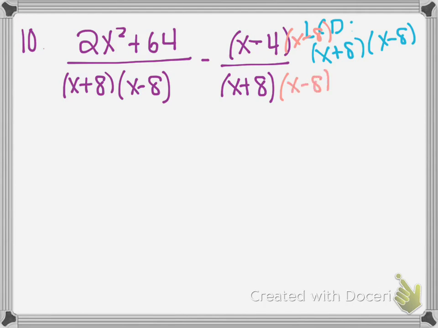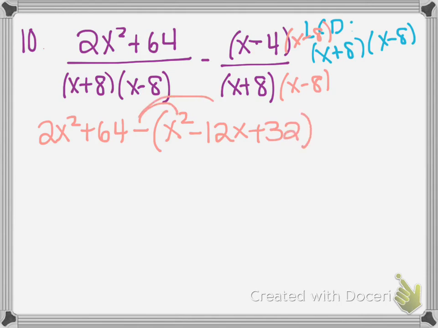Sorry, I have to write over my LCD. Okay, so the numerator is going to be 2x squared plus 64 minus, again, parentheses of the whole numerator, x squared minus 8 minus 4x is minus 12x plus 32.